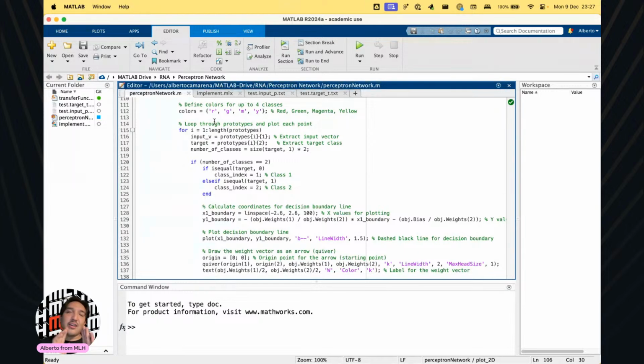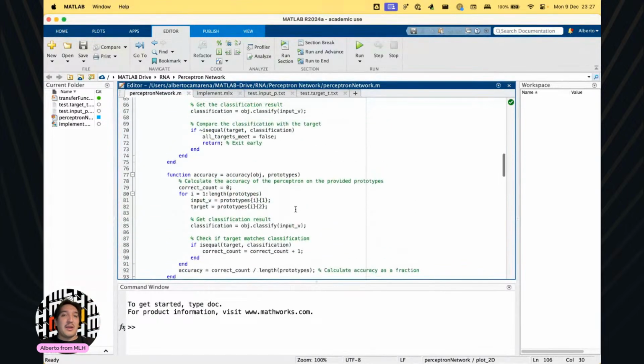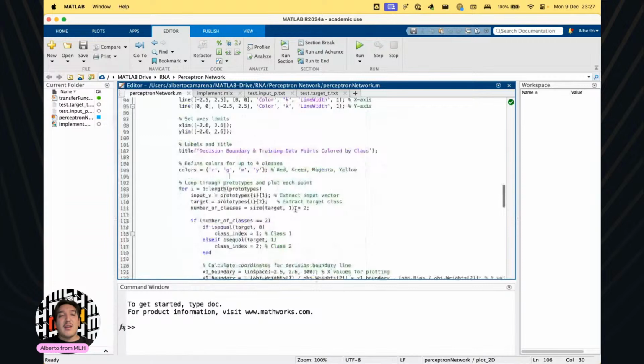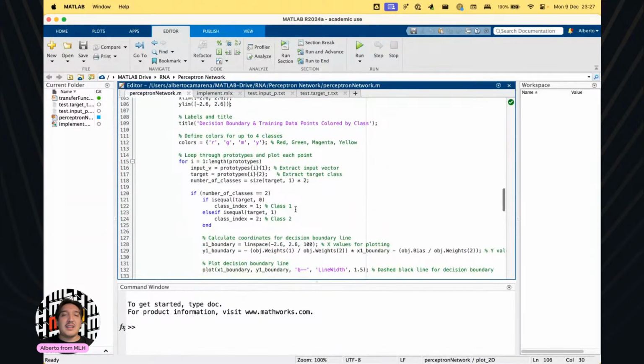Another consideration here, another boundary, is that this works for only two-dimension inputs and for 2 and 4 classes to classify. Else, this can predict. I mean, all the training and all the other things work, but the plotting, the graphics won't work.